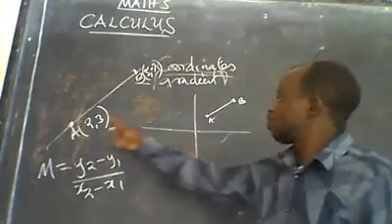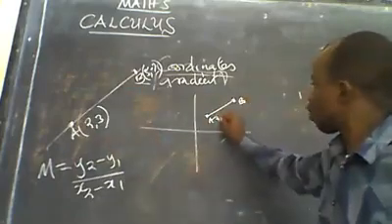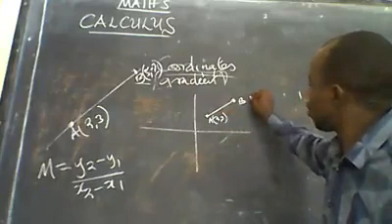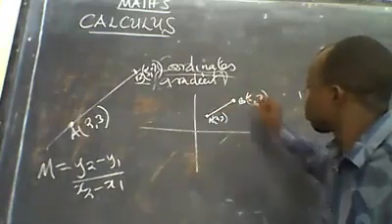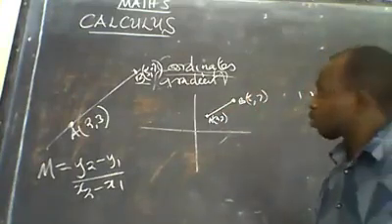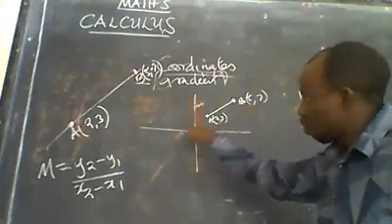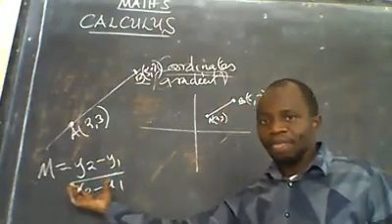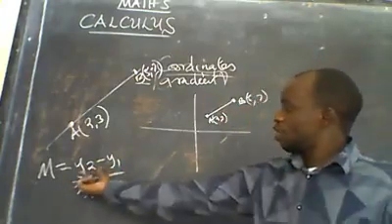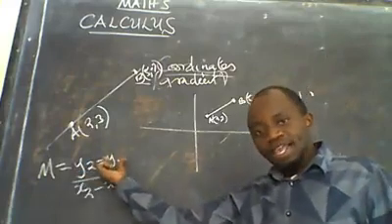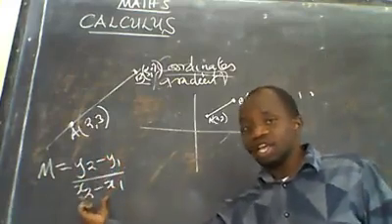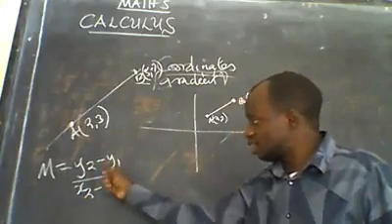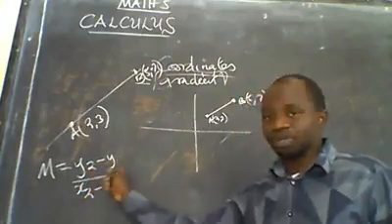Maybe this one is (2, 3), then the other one, maybe we say (5, 7). Then, when finding the gradient of this, you are using this formula. It is always change in the y-axis over change in the x-axis. Change means minus in between, alright?